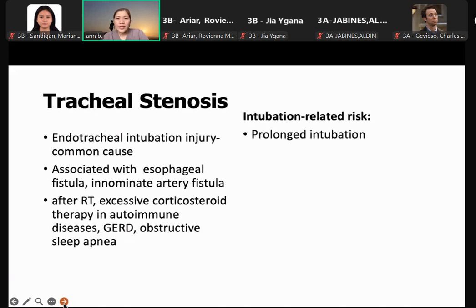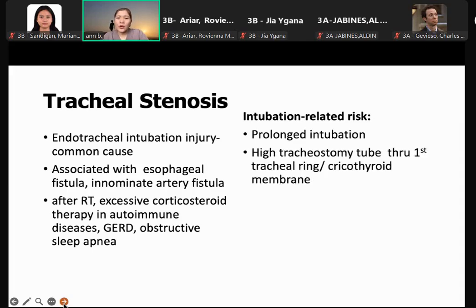Again, intubation-related risks: if your patient is intubated for a prolonged time, or if the tracheostomy or tracheotomy opening is through the first tracheal ring or the cricoid membrane, that would also cause tracheal stenosis. Another risk is an oversized ET or tracheostomy tube. So we really need to measure.